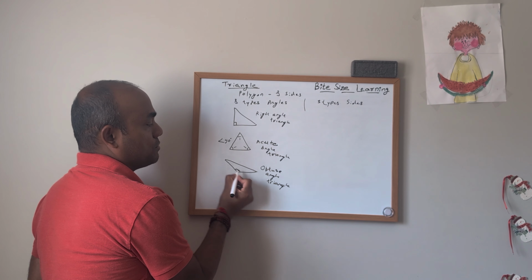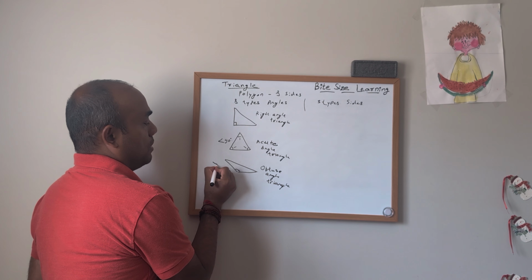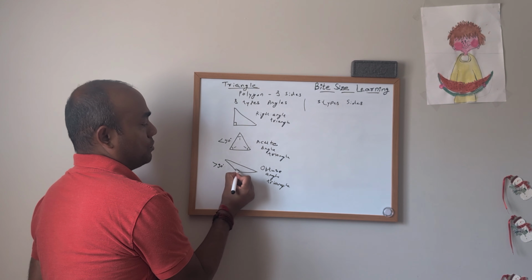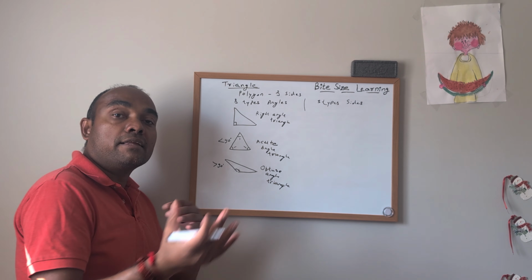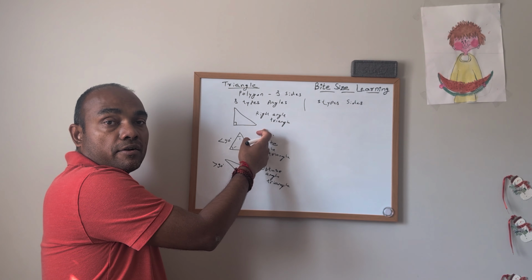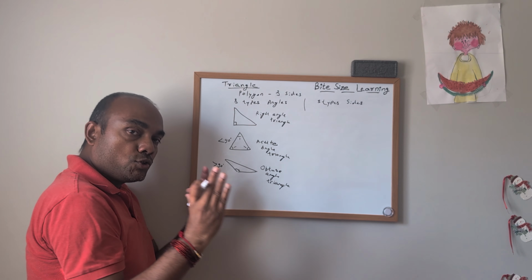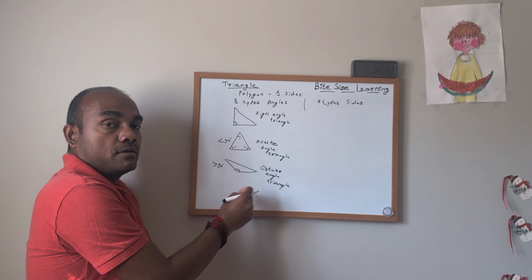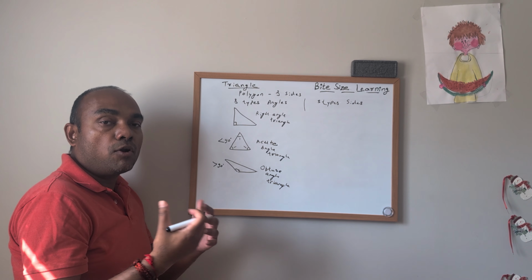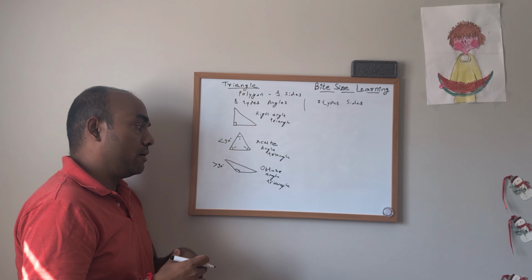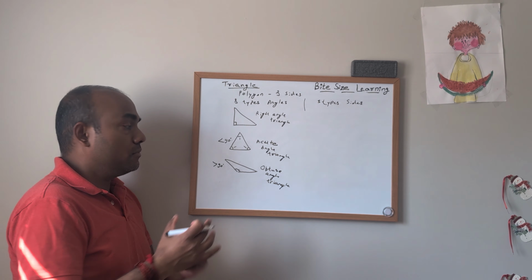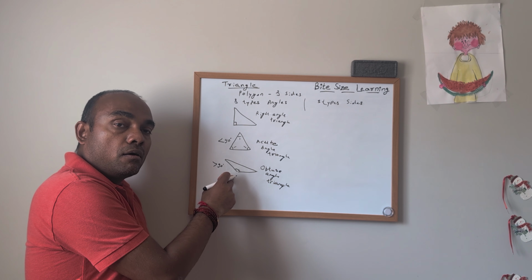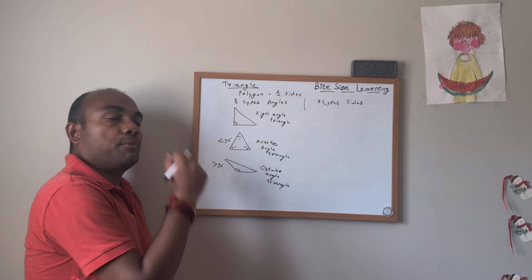So if one of the angles is more than 90 degrees, it is called an obtuse angle triangle. This angle looks greater than 90 degrees. So this is a right angle triangle. If you have angles lesser than 90 degrees, it is an acute angle triangle. And if one angle of a triangle is greater than 90 degrees, it is called an obtuse angle triangle.